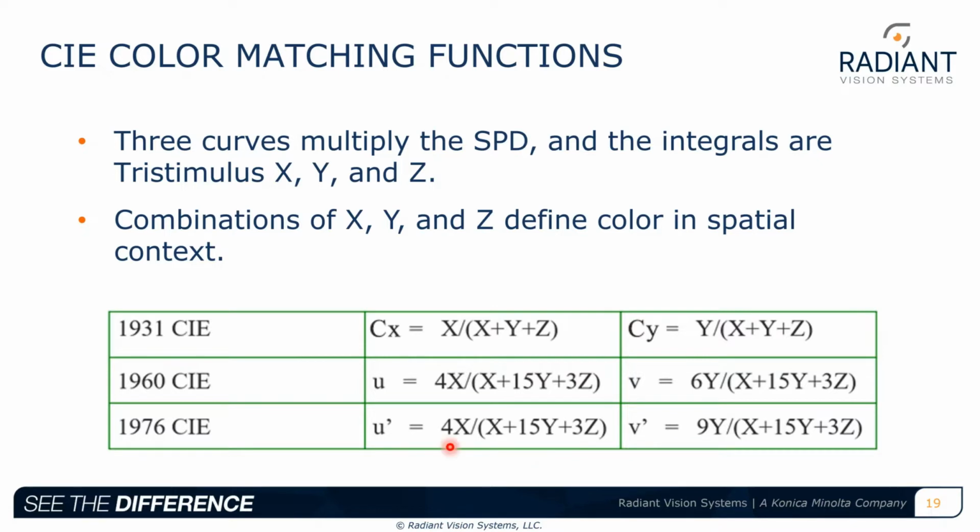We've added in some different coefficients to make the chart fairer in colors, and we'll show a little bit later a comparison between the 1931 and 1976 to show you the difference between those.